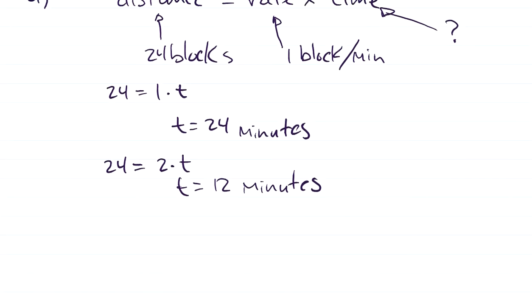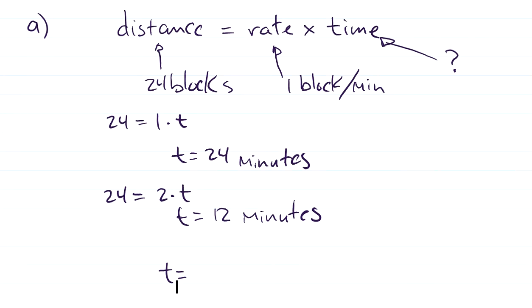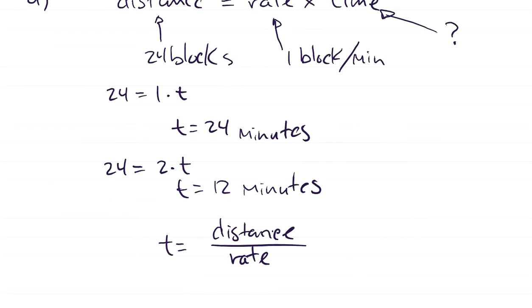So one of the things I want to write down here is this fact that each time I'm going to be solving for t, and if I look at this up here, time is going to equal distance divided by rate. So in this problem, we're going to be given different rates, and the distance is always going to be 24 blocks. So we're basically going to be taking 24 and dividing it by the different rates.